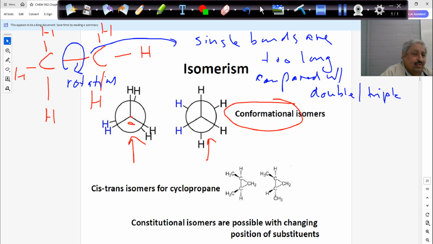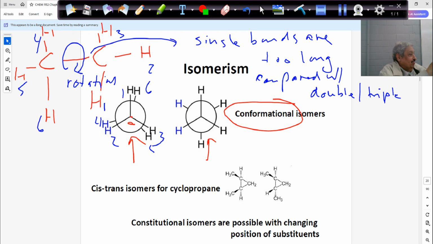If you call this one here 1, 2, 3, and this is 4, 5, 6. So whatever is sticking out, this is 1, 2, 3 outside, and then the back 4, 5, and 6. And then you can rotate them out.